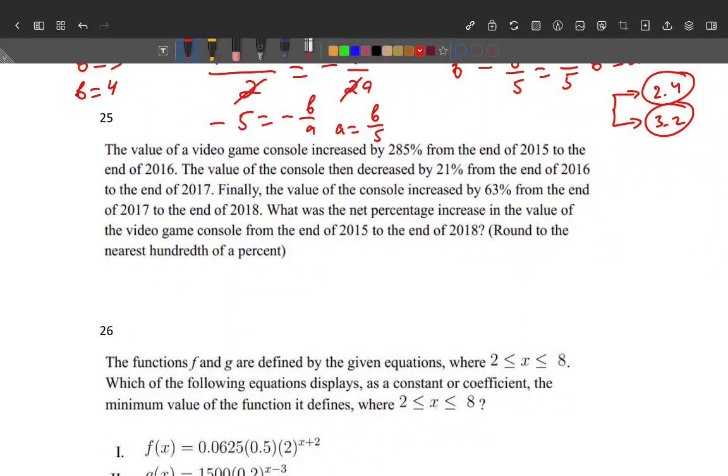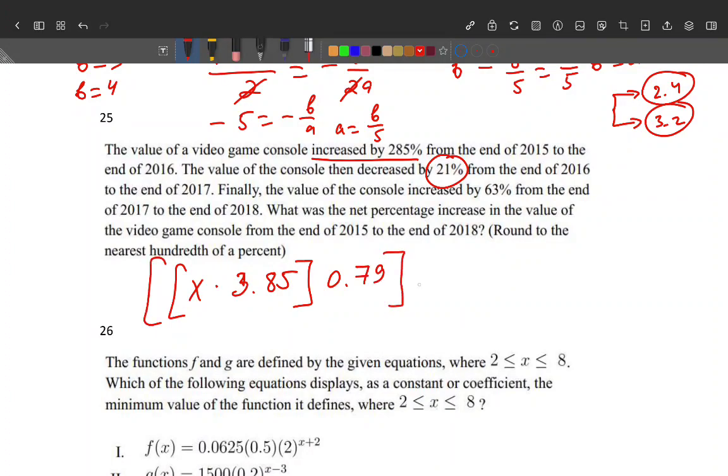Like this problem is increased by, because of this, if firstly was x, then it will be this number, because increased by to this percent. Then this number is decreased by to this number. It gives us 0.79, and this number is increased by to this number.